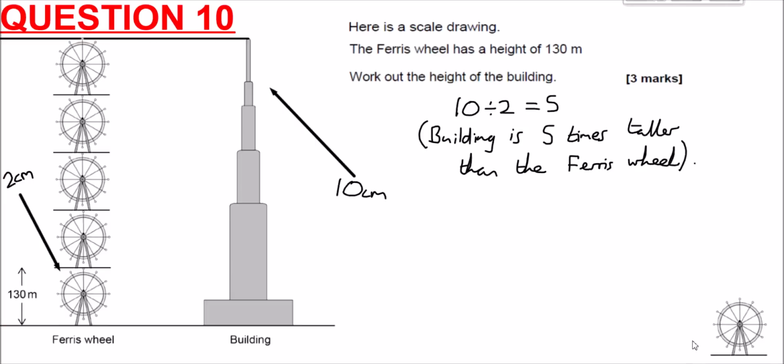You should find that the tower is exactly 5 times as tall as a Ferris wheel. And so, based on that calculation, we can now work out the height of the building by just multiplying the height of a Ferris wheel by 5.